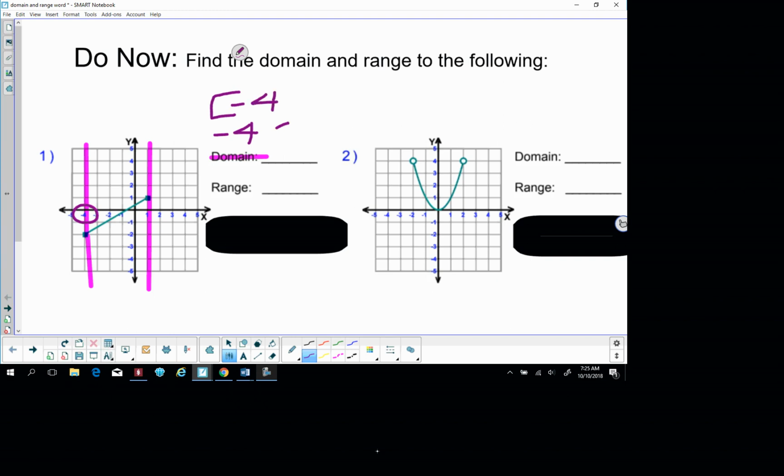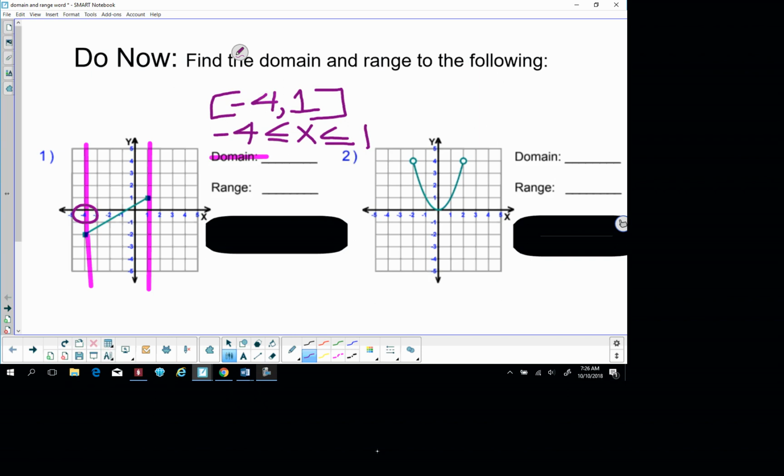Then if I'm talking about my domain, what letter is your domain? X, right? So there should be an X right here. Right here, you don't need the X. And then, what's the biggest X there? 1. And since it touches 1 because it's filled in, I'll put a 1 right there. And then right here, if you're doing the brackets, it looks something like that.